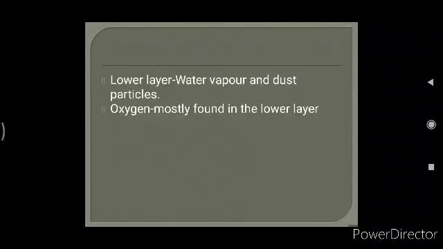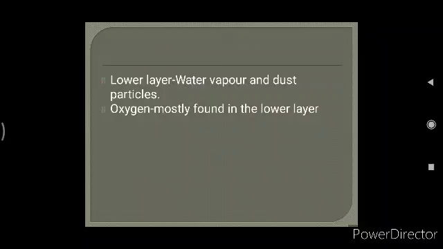Now before starting the importance of the gases present in the atmosphere, let us have a quick recap of what we understood about the gases in the composition of the atmosphere. We know that most of the air consists of nitrogen, followed by oxygen, and then water vapor, argon and CO2.